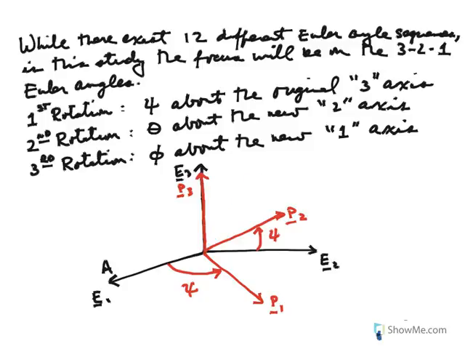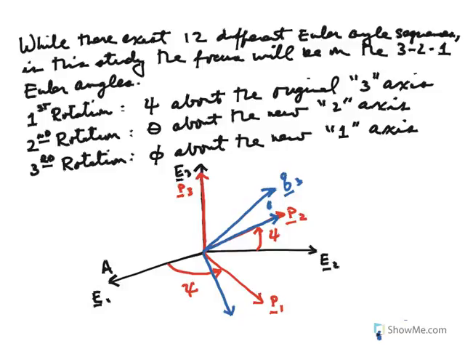I have to be a little careful with the way I draw this so that I save room for the third rotation. So here's the new set of vectors that result from the second rotation. This becomes Q3 because I'm rotating about P2. So P2 is also equal to another vector which I'm going to call Q2.